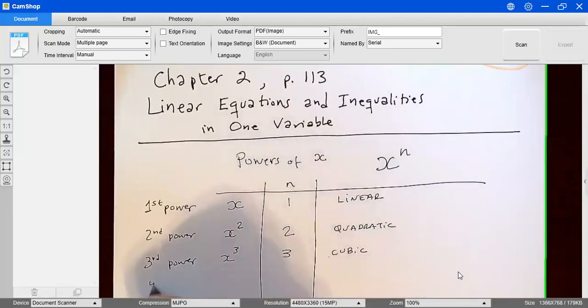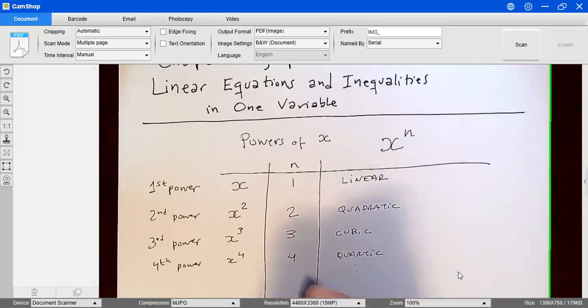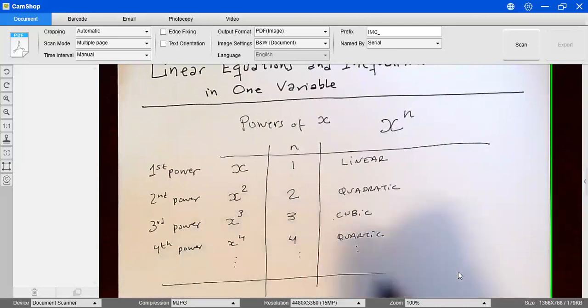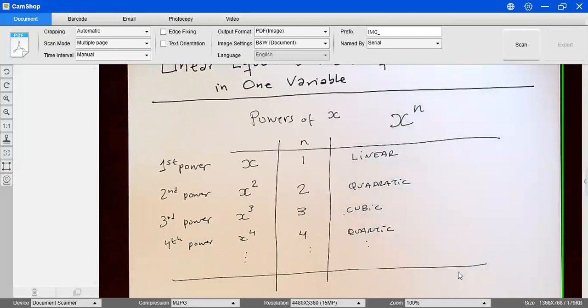We have the fourth power, x to the 4, the exponent is 4, and we use the word quartic, and so on. You can check in more advanced books of algebra about the different terms that we use. This is important because anytime that you read the word linear, you have a clue about the exponent of the variable.